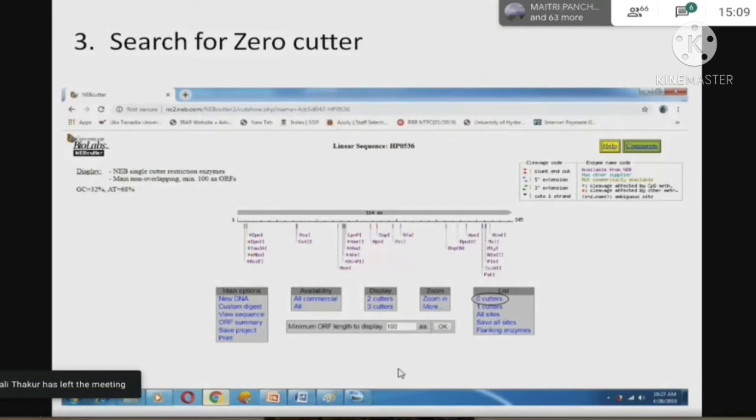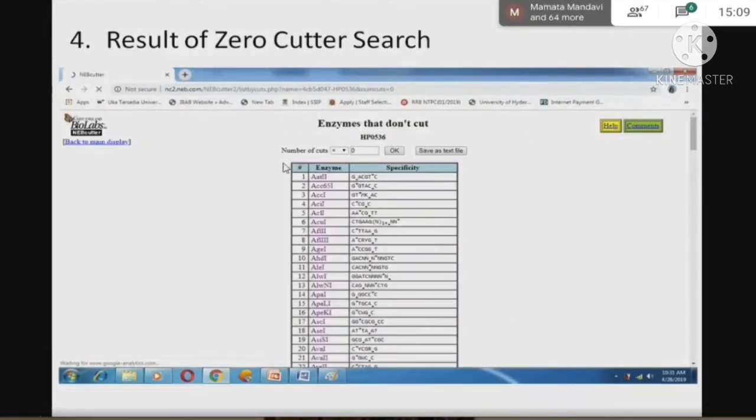So you have to match the restriction sites present at the MCS of the vector, which should be absent in the gene. Then only can you select that site. In this way you can search.